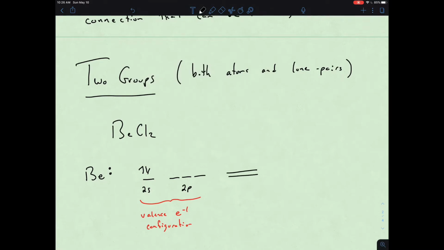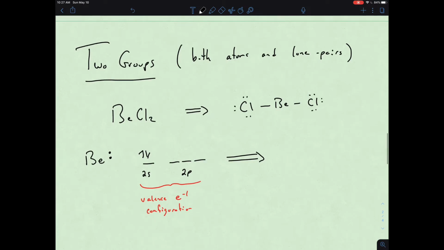And going forward, we know from our earlier conversations that we should have something that's going to look like this from Lewis dot structure, as well as within the VSEPR structure, right? This is a linear molecule, and it has those two electrons that the beryllium is sharing, one to each chlorine. But if we look below, the beryllium just has these two electrons actually already paired up in the 2s, so how does it actually encompass the binding? Well, it needs to hybridize.